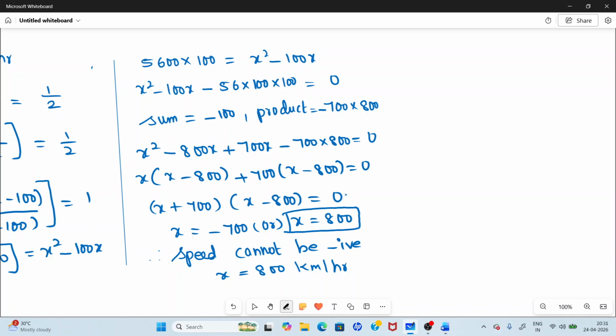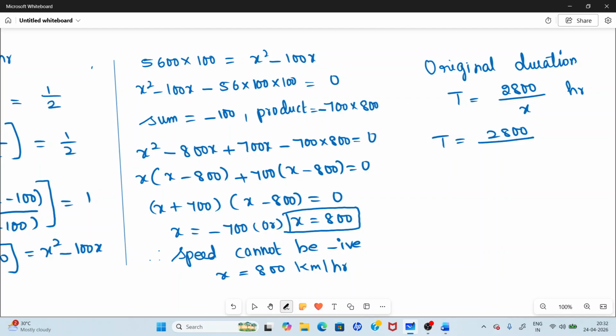So the original duration t equal to 2800 by x hours, okay, which is t equal to 2800 by 800, that is equal to 28 by 8 hours.